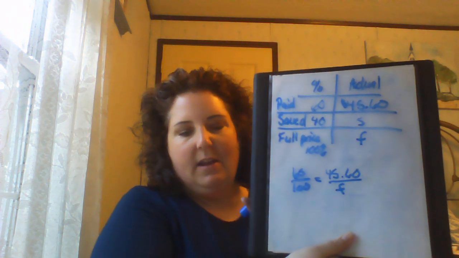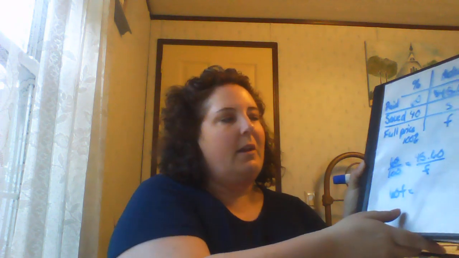Okay? Now we're going to do a little bit of a shortcut with this. I'm going to write my equation of 60F equals, now I'm just going to put the number. I'm not going to go ahead and put $45.60 times 100. I'm just going to do that in my head. So my total cost is when I multiply it by 100, I get 4,560.